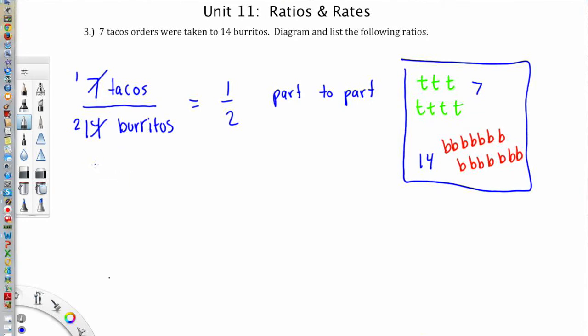And we can also compare burritos to the entire order, which would be 21 orders in all.